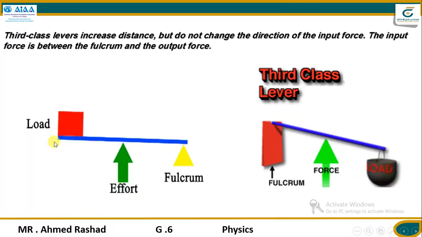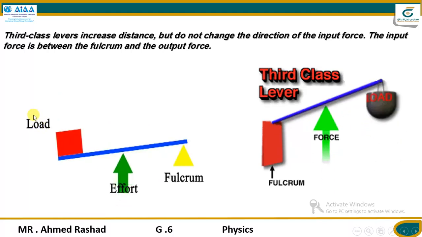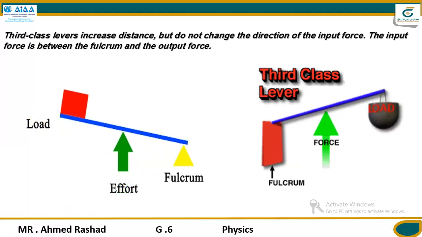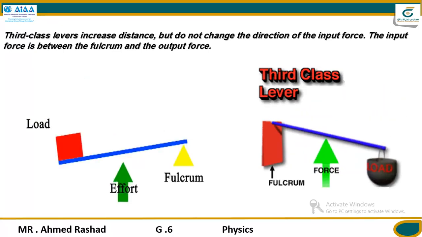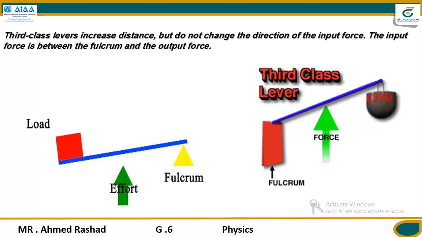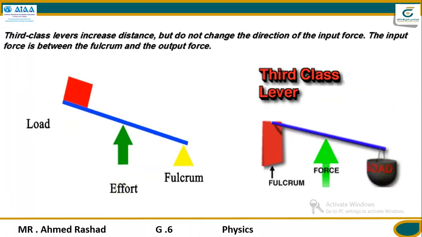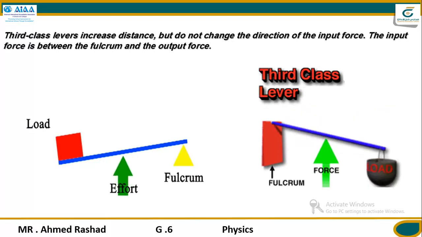Now, this is the end of our lesson. Today we talked about inclined planes, the three kinds or examples of the inclined plane family, and the levers, and how we can classify the levers into three classes.